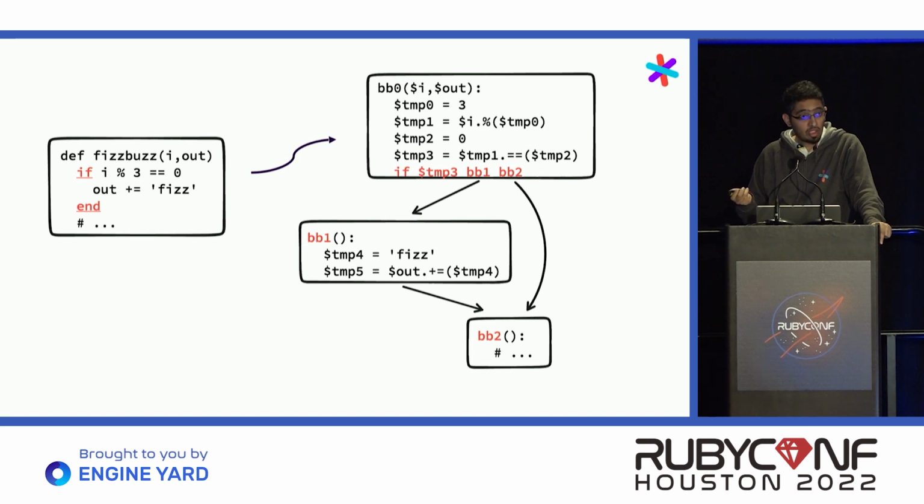The other thing, as I mentioned, is that control flow is made explicit in the edges between different basic blocks. So the if has two edges pointing externally to basic block 1 and basic block 2. And regardless of whether the if statement gets executed or not, what's happening in the rest of the function still needs to happen, which is why there's a further fall through edge from basic block 1 to basic block 2, because basic block 2 is still going to get executed in the original function regardless of whether basic block 1 executed or not.